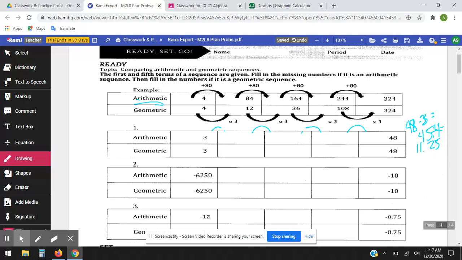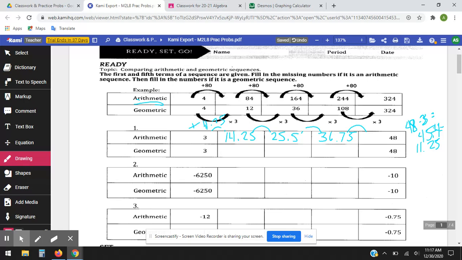So each one I'm going to add 11.25 to. So 14.25 plus 11.25 is 25.5, plus 11.25 is 36.75. All right, let's do geometric.